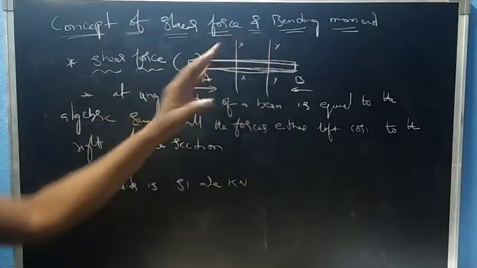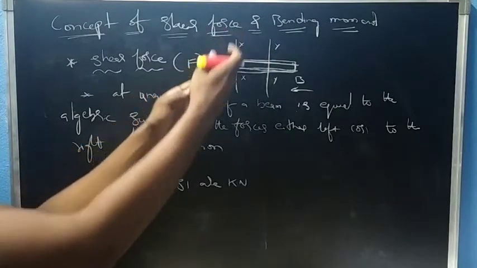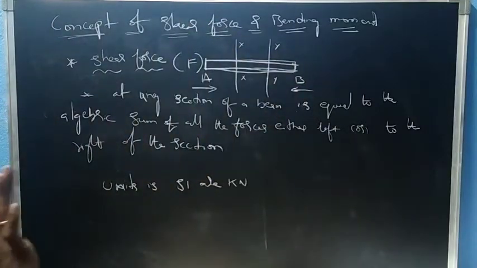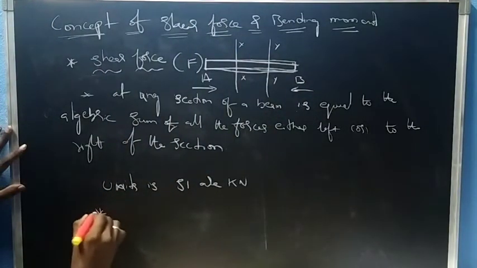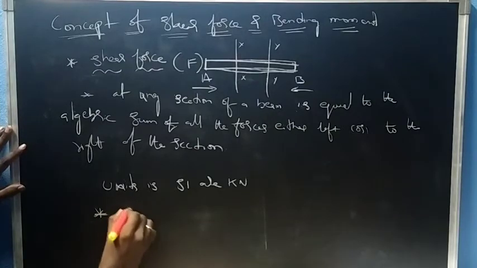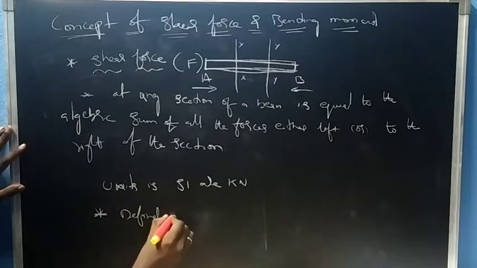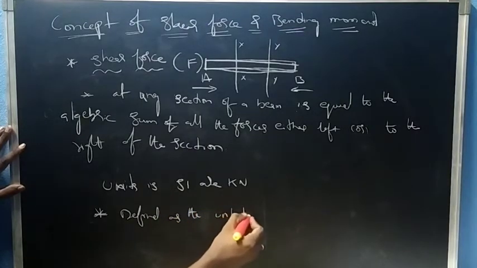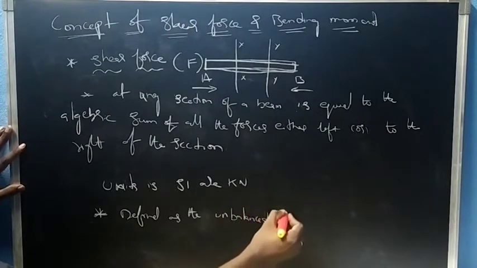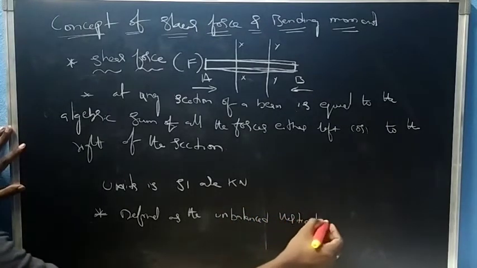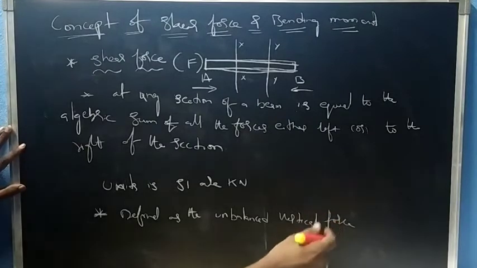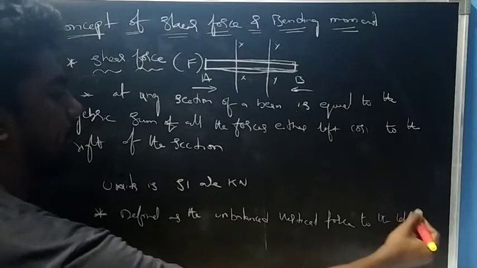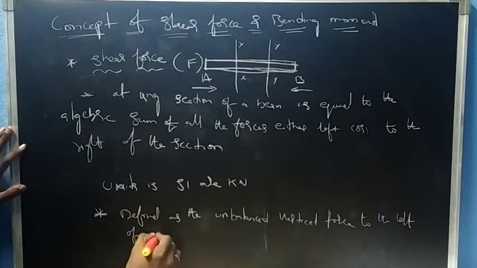So I will try to define it with another definition: the shear force at any cross section of a beam may also be defined as the unbalanced vertical forces to the left or right of the section.